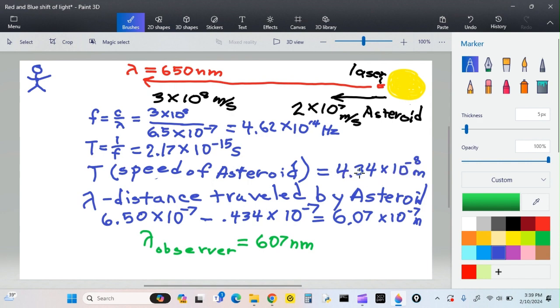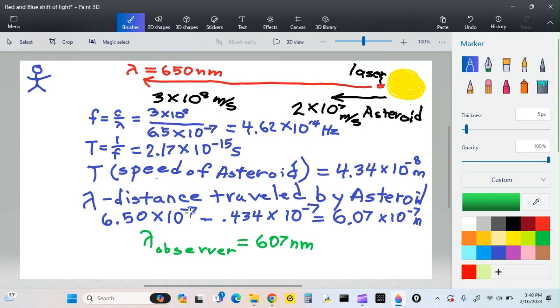Now, that 4.34 times 10 to the minus 8 meters is less than the 6.15 times 10 to the minus 7.